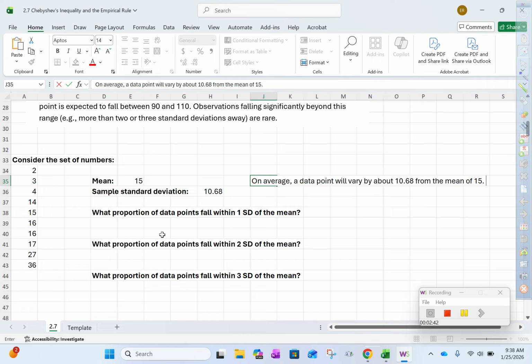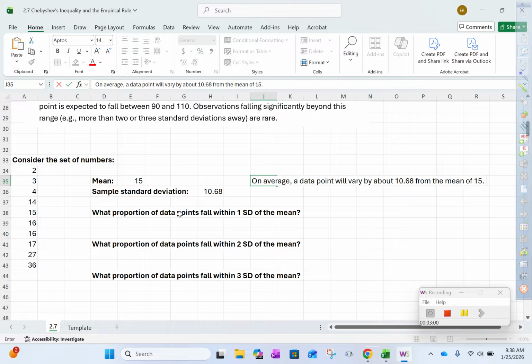Okay, so a lot of times instead of a data point, we would include our context. So if we were talking about the heights, we'd say on average, any given height would vary by about this from the mean. Okay, it's not necessarily happening every time, but there's a solid proportion of values that will do that. And that's what we're going to work with by answering these questions here.